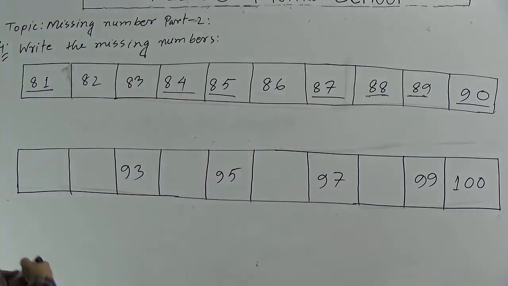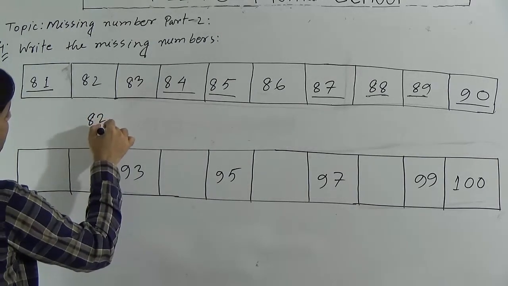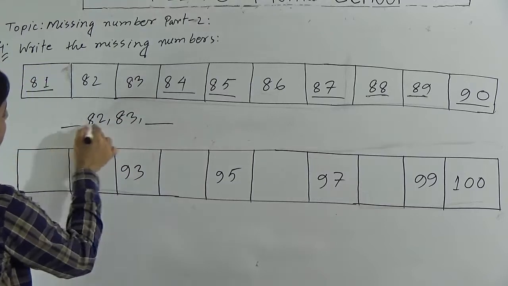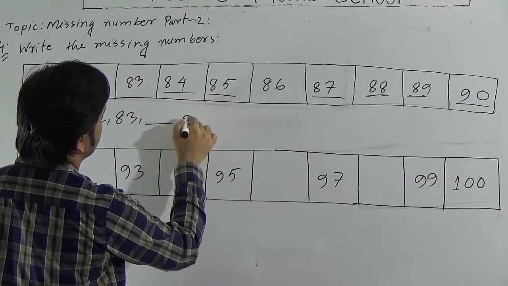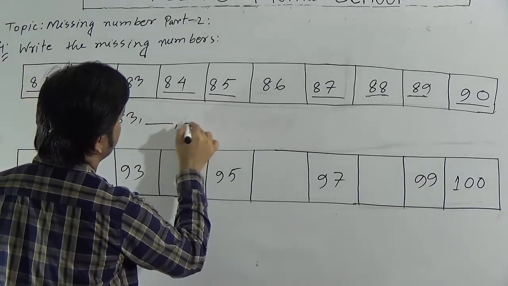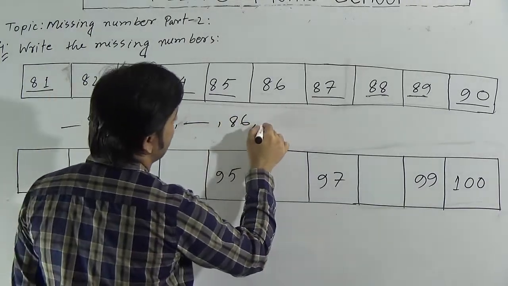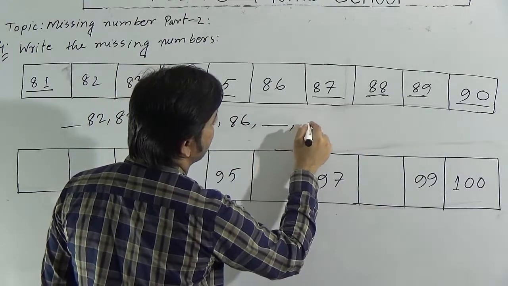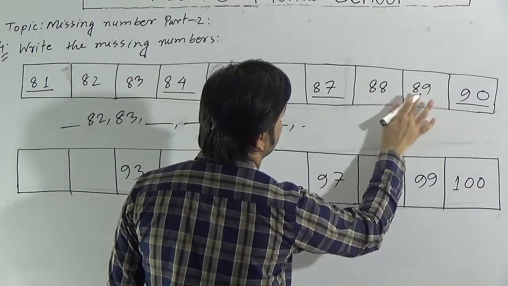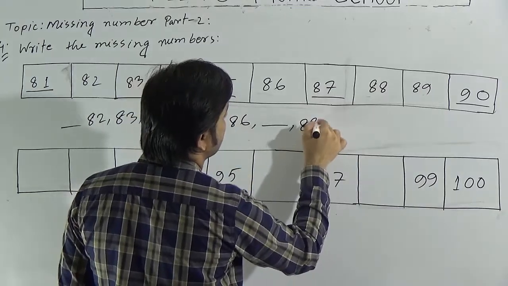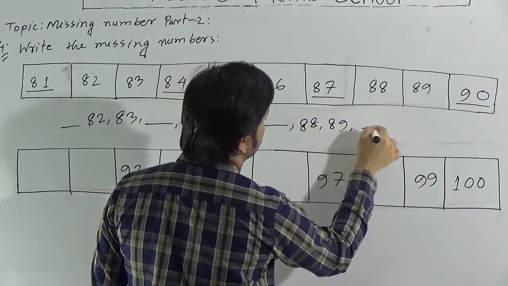Here the given numbers are 82, 83, here is a gap, here is a gap, 86, here is a gap, 88, 89, and the last one is a gap.